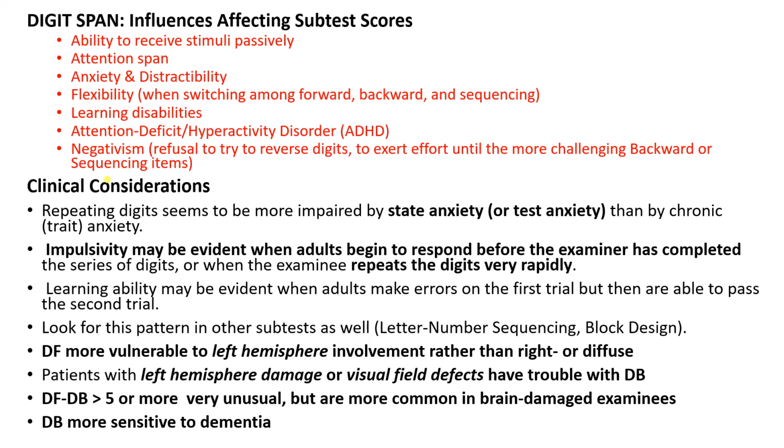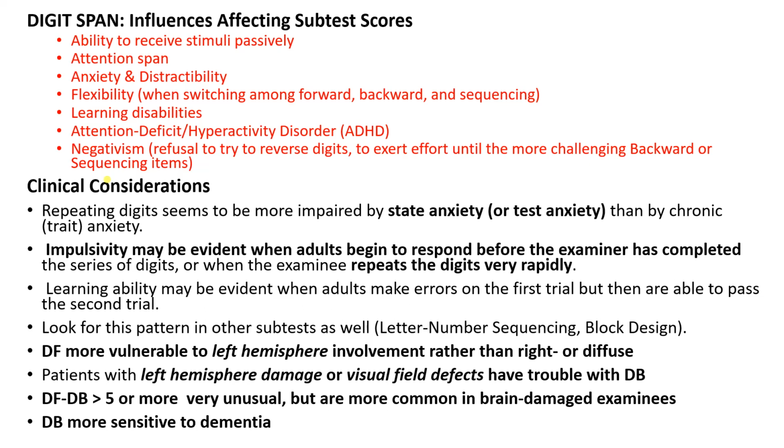Similarly, the ability to learn, learning ability, is also reflected on this task. For example, adults may make errors on the first trial, but if they have that ability to learn from their errors, then they are able to pass the second trial, third trial.